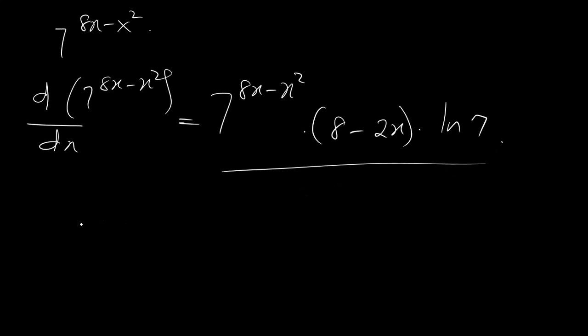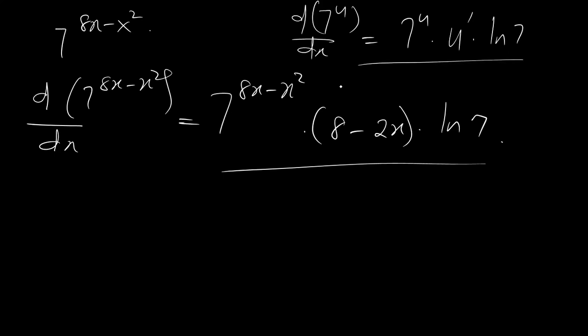So this is the answer based on the formula we used there. So if you're looking for the derivative of 7 to the power u, it will be 7 to the power u times u prime times ln 7. So that is what we did.